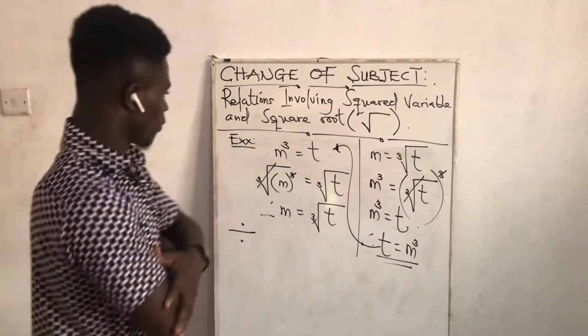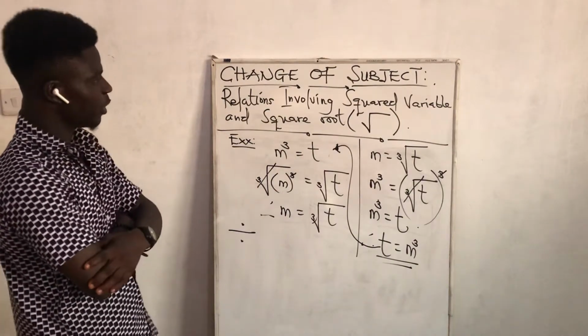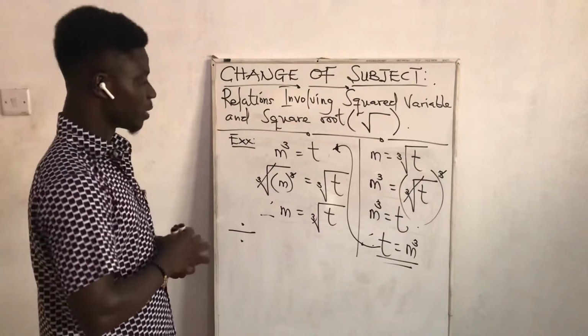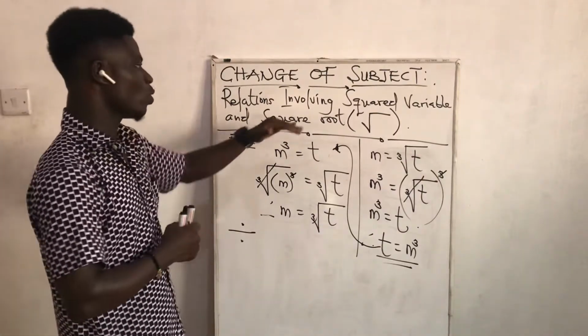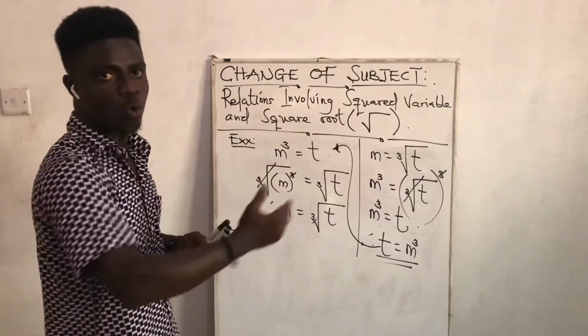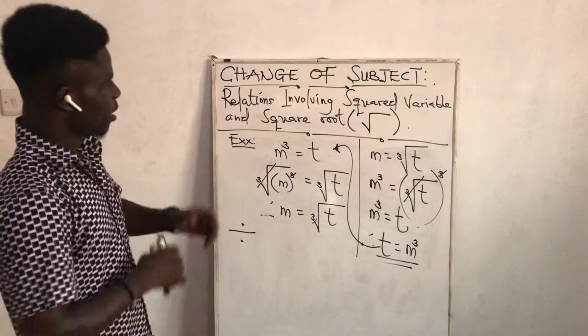Alright, so now let's move on to our subtopic, relations involving squared variable and square root. But don't worry, we'll talk about root signs, not only the square root. I'll go further and do root signs also.